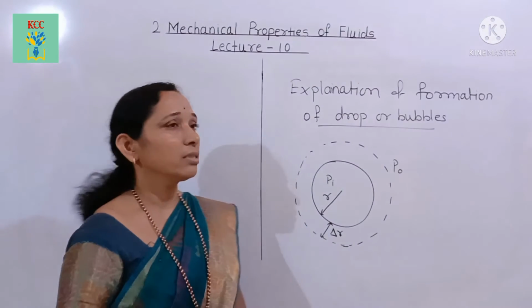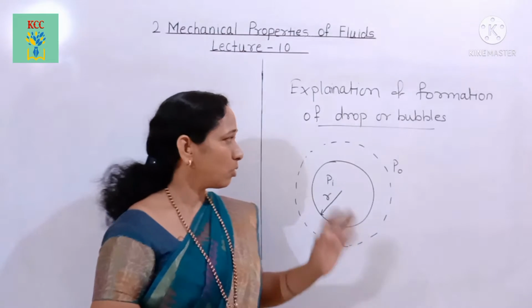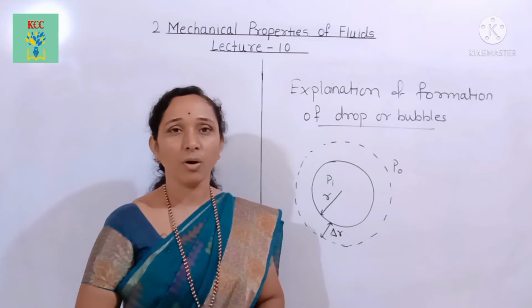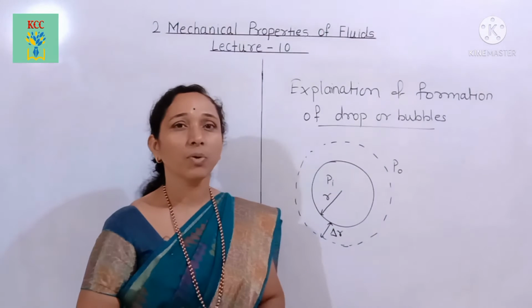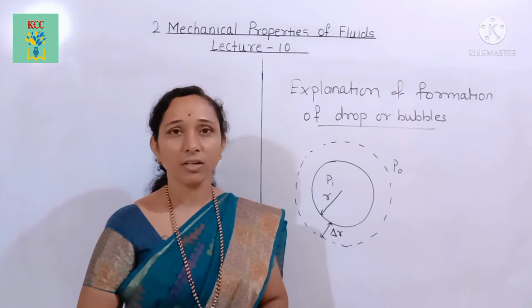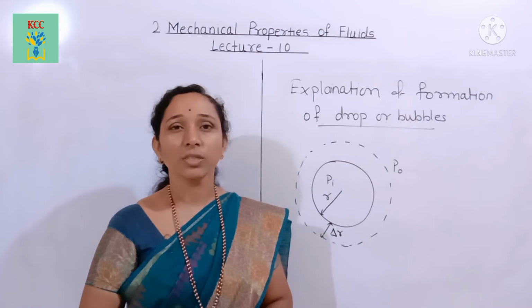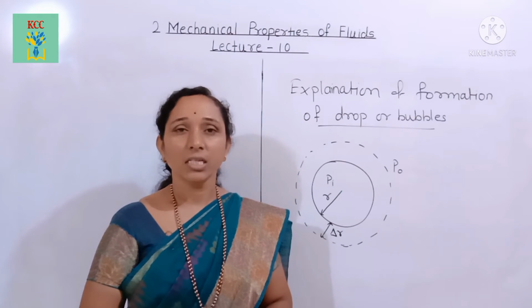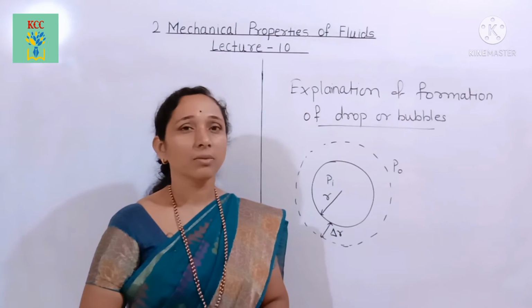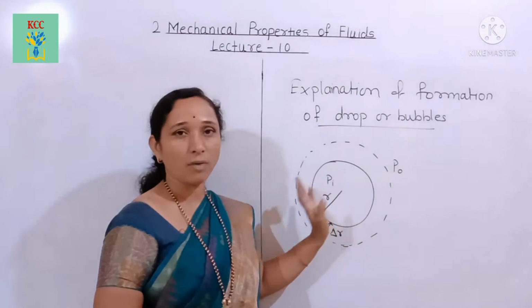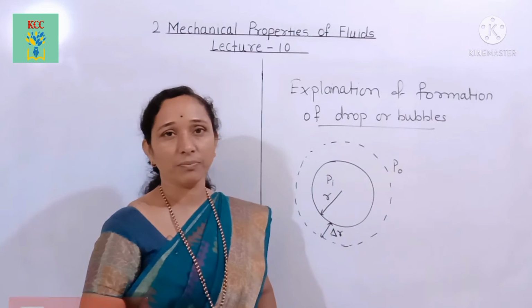The drop or bubble does not collapse because the resultant force due to the external pressure and the force due to the surface tension is smaller than the pressure inside the drop or inside the bubble.